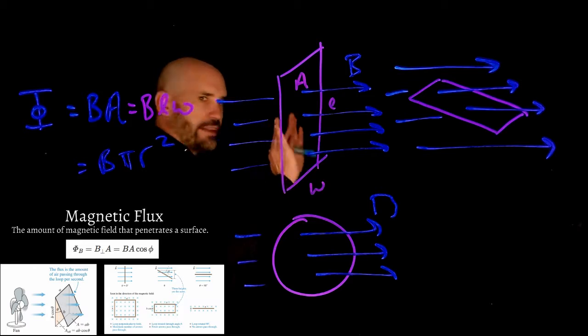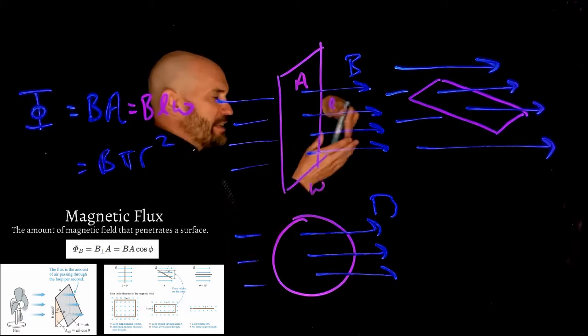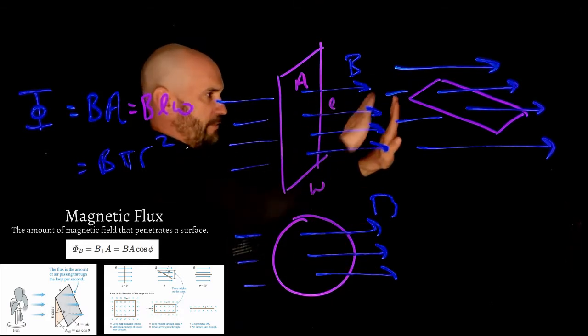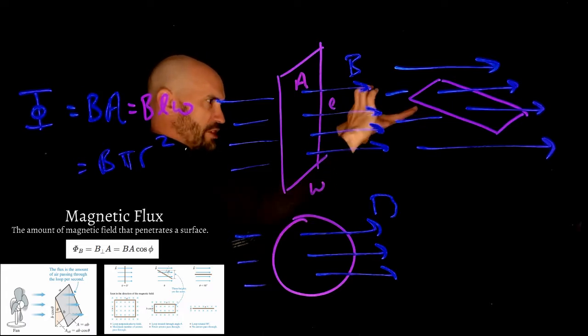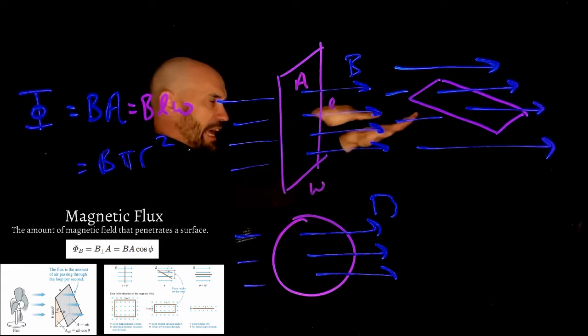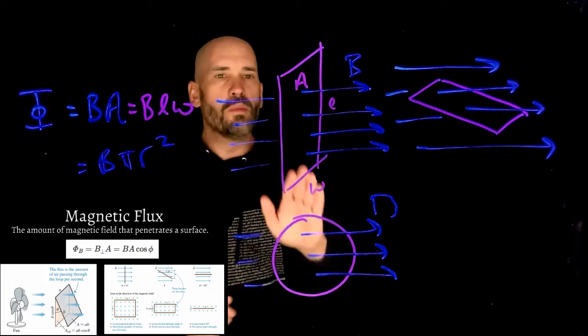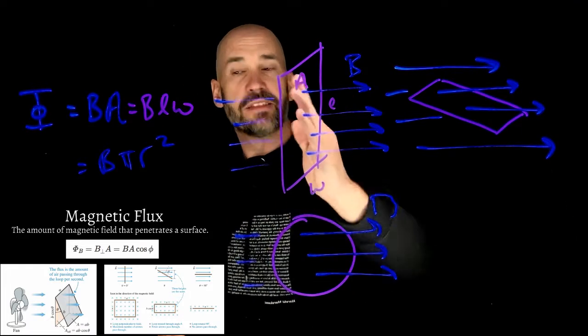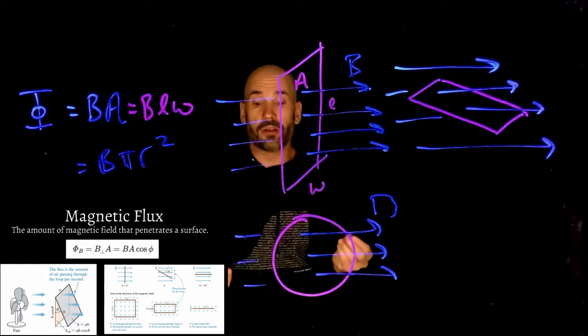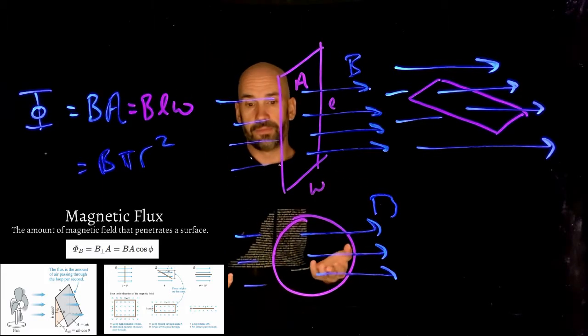If I'm the magnetic field looking, instead of this nice big surface, I see the surface kind of squished, and there's less of it I can actually go through. So as you tilt this area, the flux gets smaller and smaller.